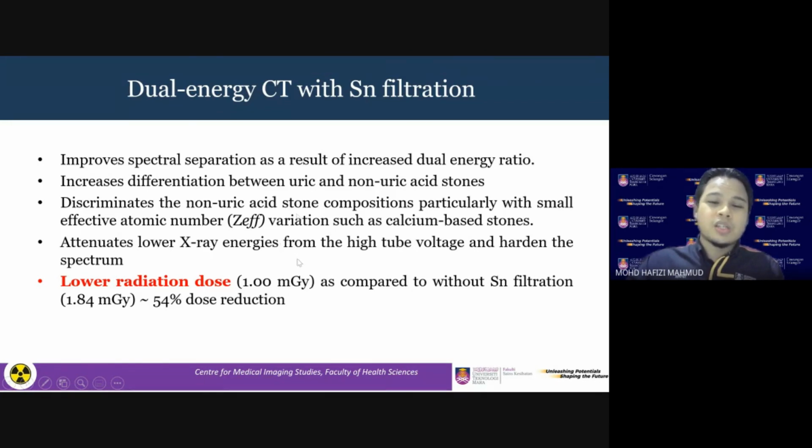That we call optimization. So you can see that the application of thin filtration in dual energy CT is one of the efforts to achieve CT dose optimization.